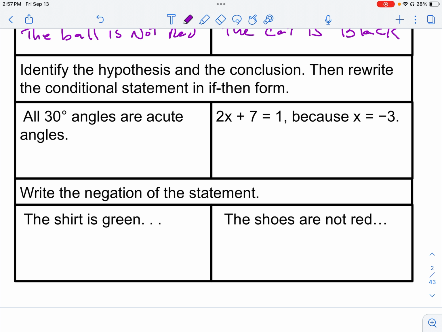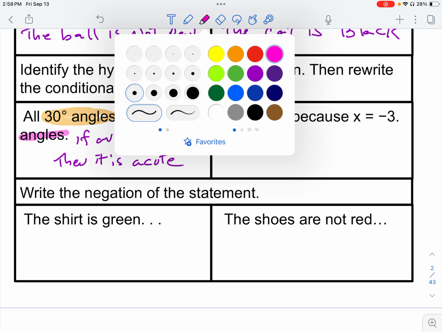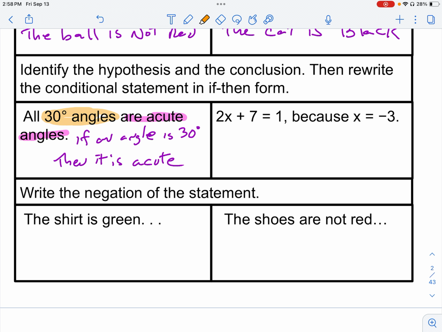All right. Now we're going to breeze through some more examples. We're going to write some if-thens and then negate. So if we have a 30-degree angle, then we know it's an acute angle. So if an angle is 30 degrees, then it is acute. 2x plus 7 equals 1 because x equals -3.